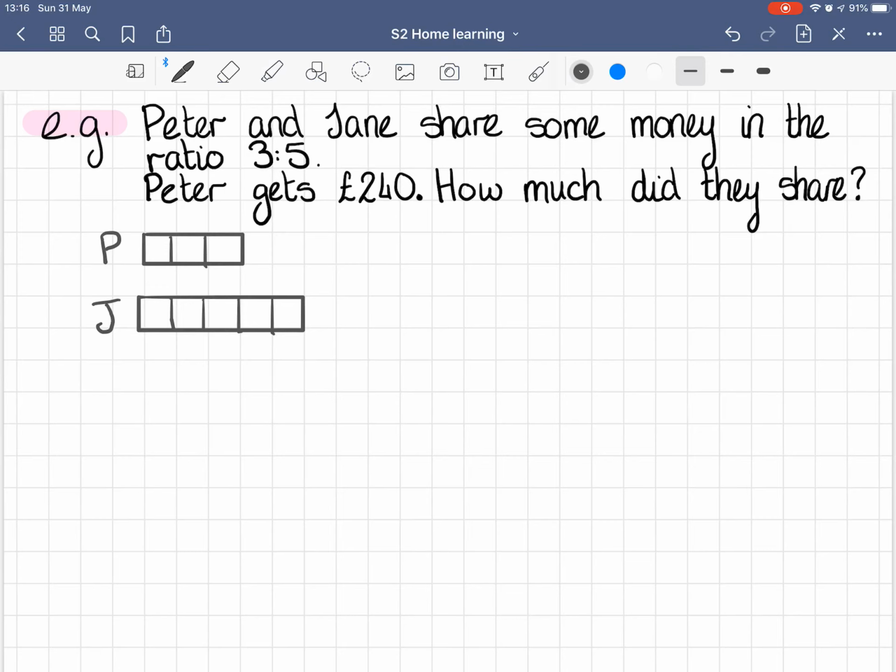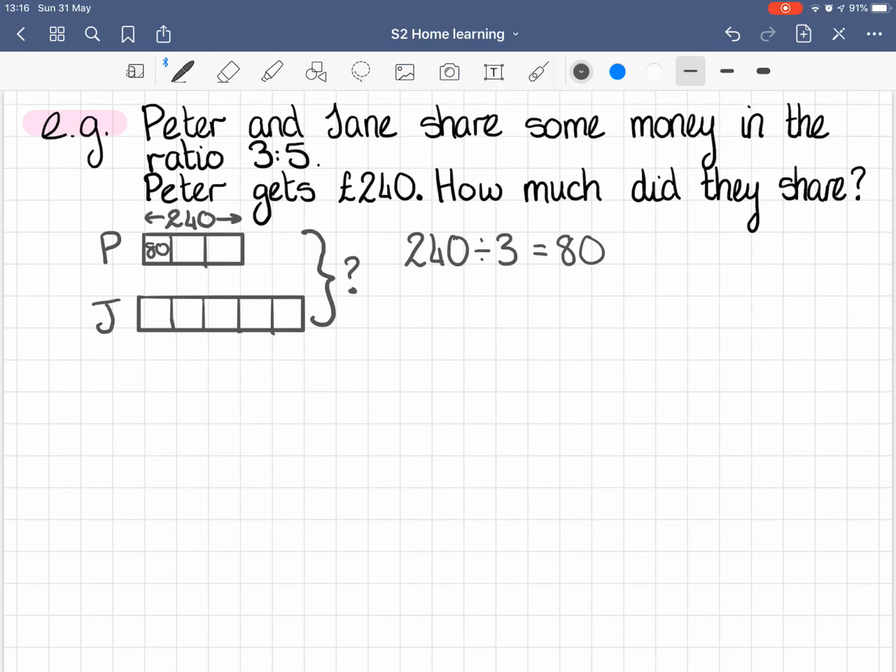Now I know that Peter has £240. I want to know how much did they get altogether, how much did they share? So if Peter's 3 parts are worth £240, I can work out what 1 part is worth. So each part is worth £80.